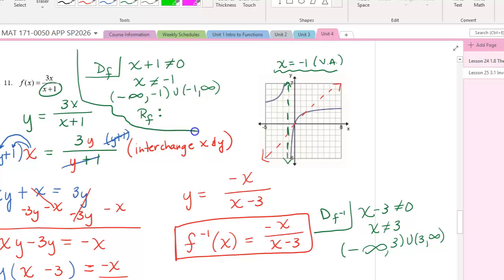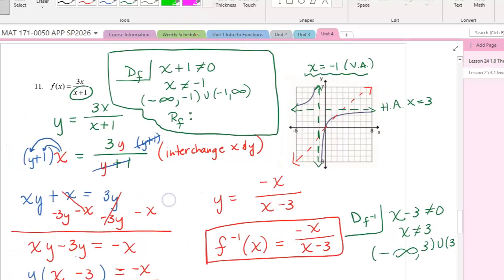I'm going to try to box this in so it's apparent. If we're just looking at this blue function and we're looking how low and high it goes, I see a horizontal asymptote right here. And that corresponds with what we learned in Unit 3. The degree of the top is 1. The degree of the bottom is 1.